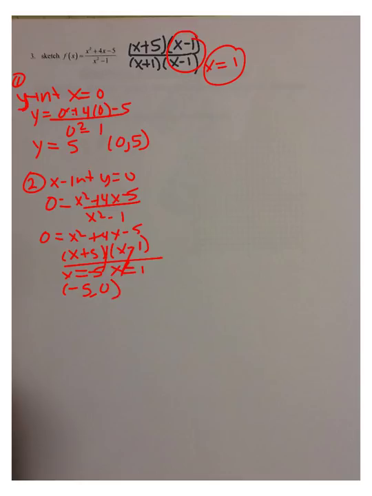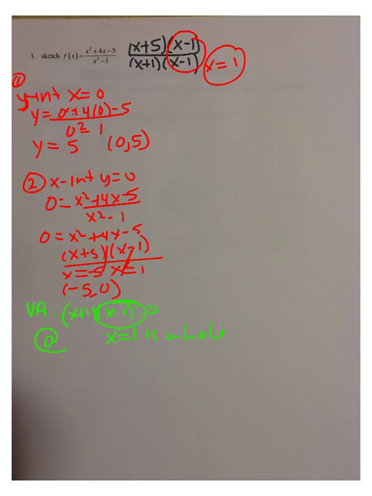All right, so now I need my vertical asymptotes. That's when my denominator is equal to 0, so x plus 1 times x minus 1 equals 0. But I know there's a hole at x equals 1.